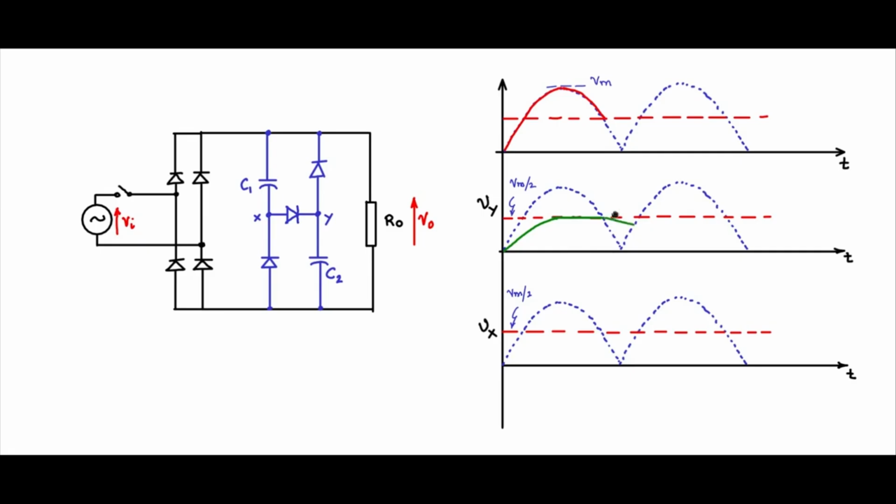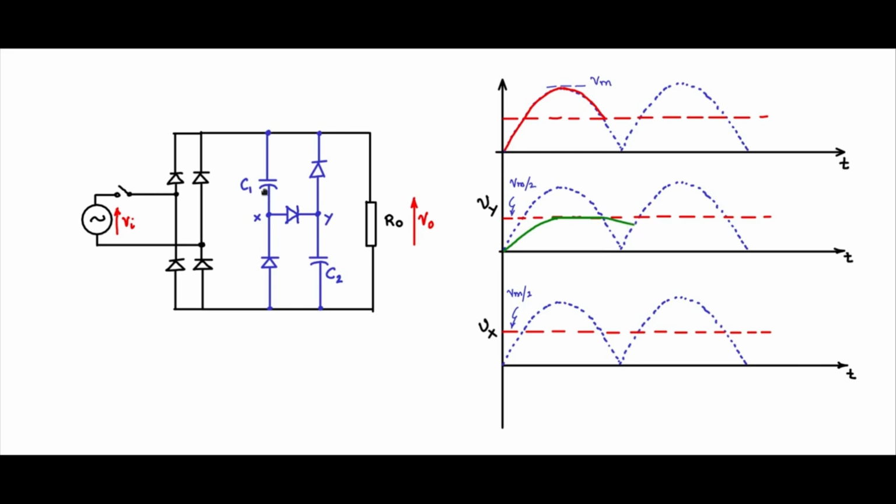Then further on, at this point, when the input goes below this halfway mark, Vm by 2, these diodes are out of the picture and the capacitance is only servicing the load. So this is where the capacitor discharge happens to the load.